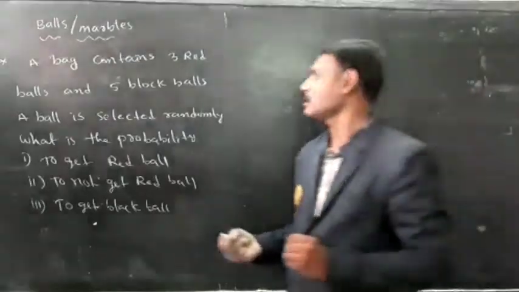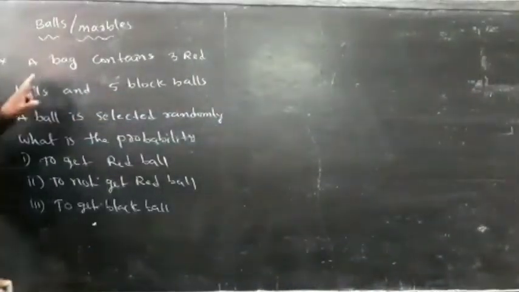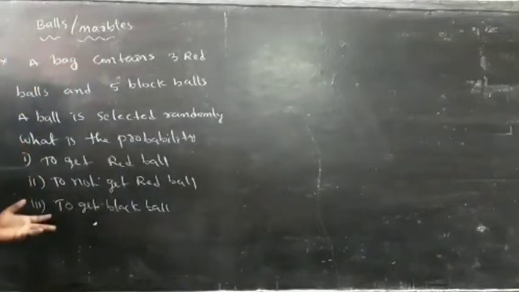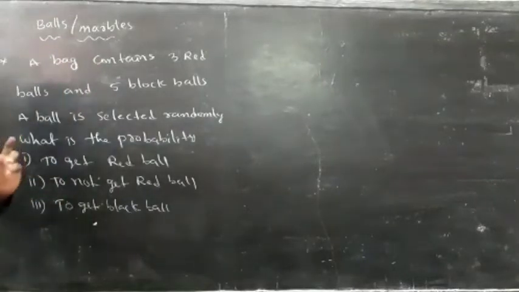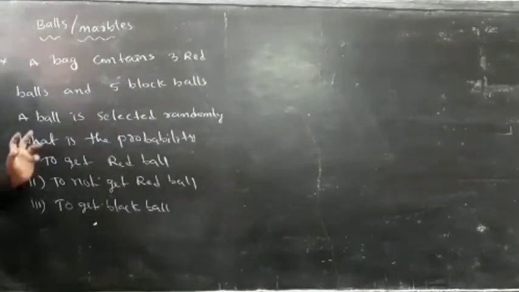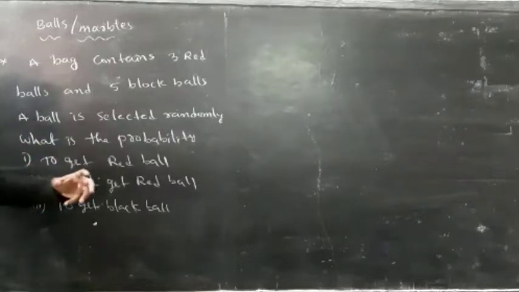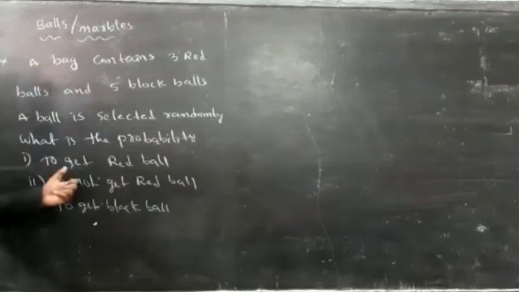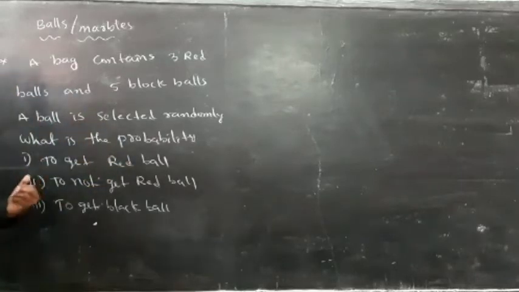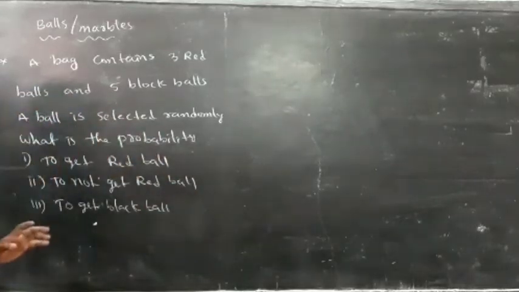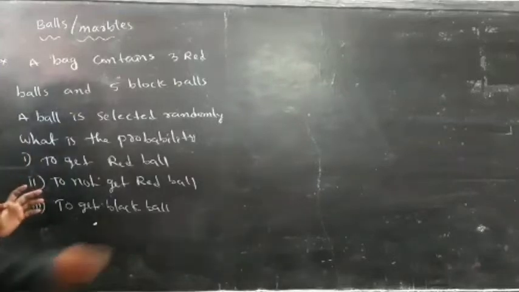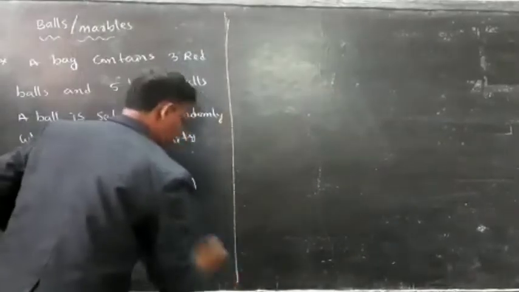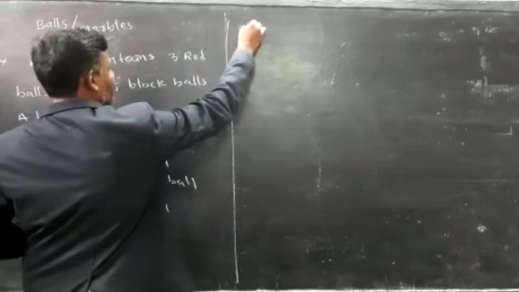Listen here. A bag contains 3 red balls and 5 black balls. One ball is selected randomly from the bag. What is the probability to get a red color ball, to get a not red color ball, to get a black ball? To find this, first of all, the solution.